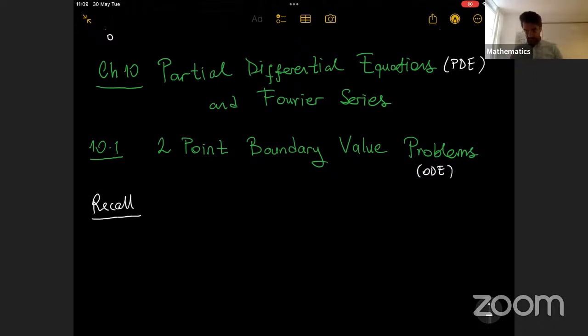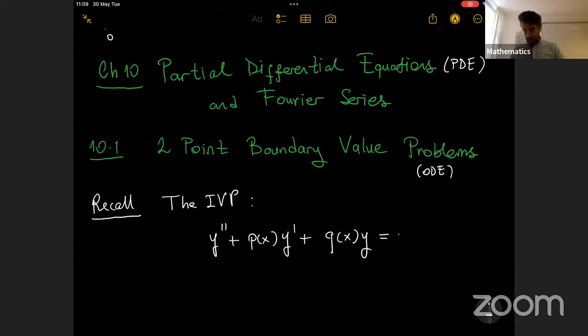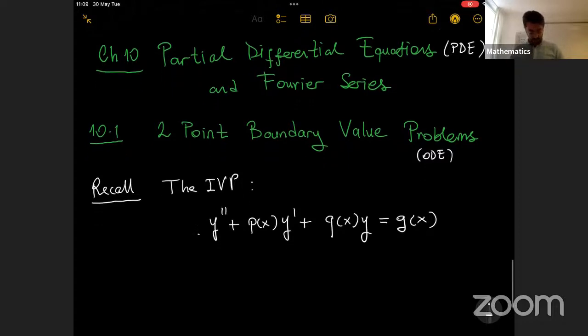We call this the IVP, initial value problem, given by y double prime plus p of x y prime plus q of x y is equal to g of x, let's say, and the initial conditions are y of x0 is equal to some number y0, and the derivative at x0 is equal to, let's say, y1.